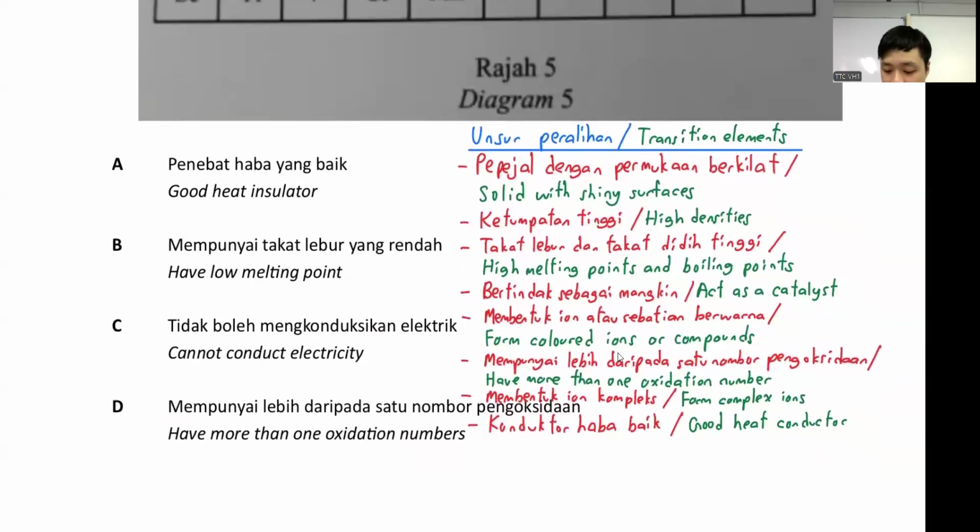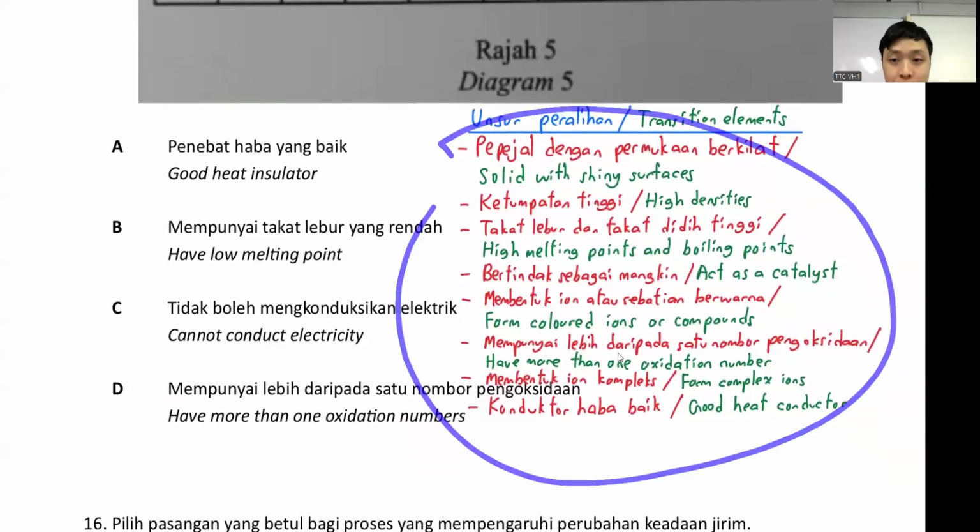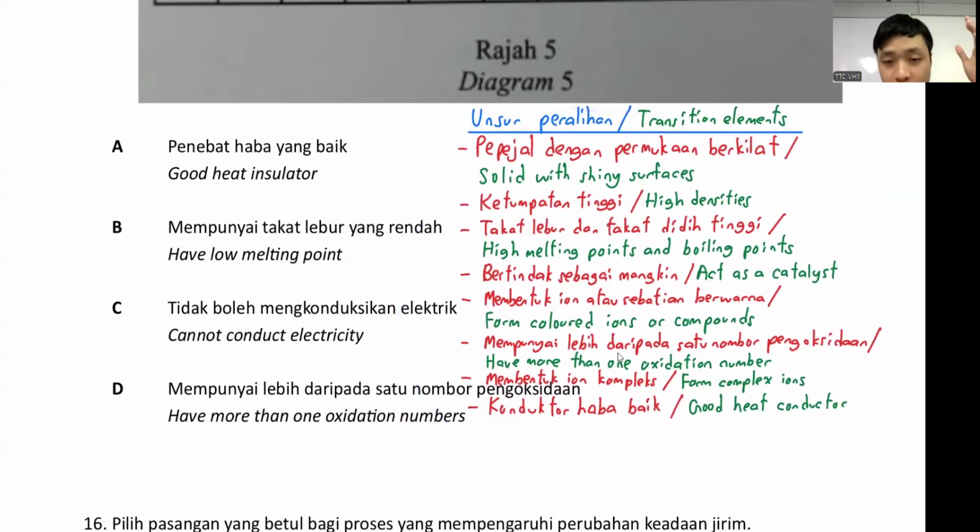So unsur peralihan, I list down all the properties here. But the special characteristics are these four. I highlight these four as the special characteristics for transition elements. Ciri-ciri istimewa unsur peralihan. 还有特别的特性啦.